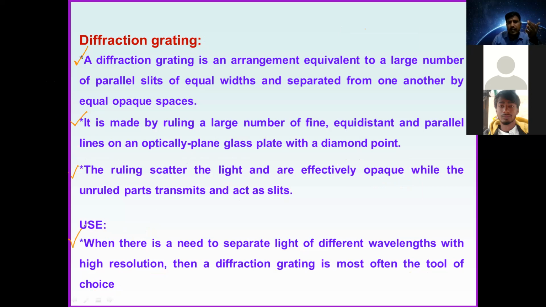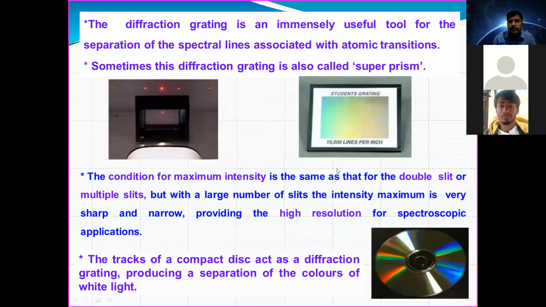And then you write the usage, because whenever you want to separate colors, the grating is a very important experiment to do that. Okay, is it clear, Pooja? Yes.